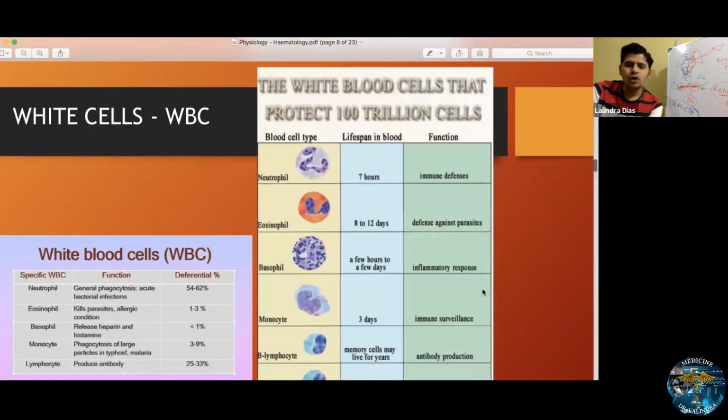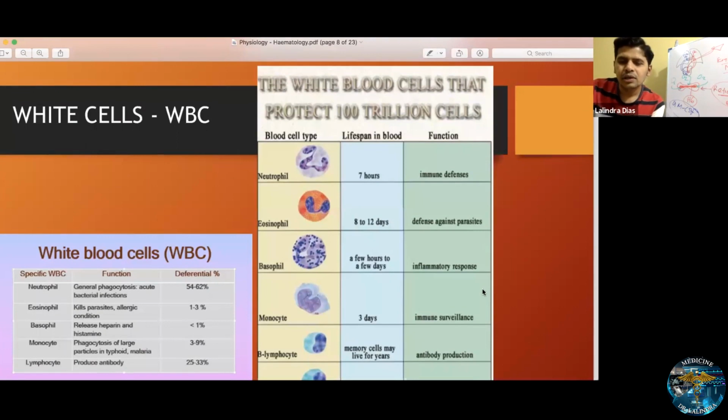Then you have the monocytes. They last for about 3 days, and they play a huge role in immune surveillance. That is by producing macrophages. Monocytes progress into macrophages.